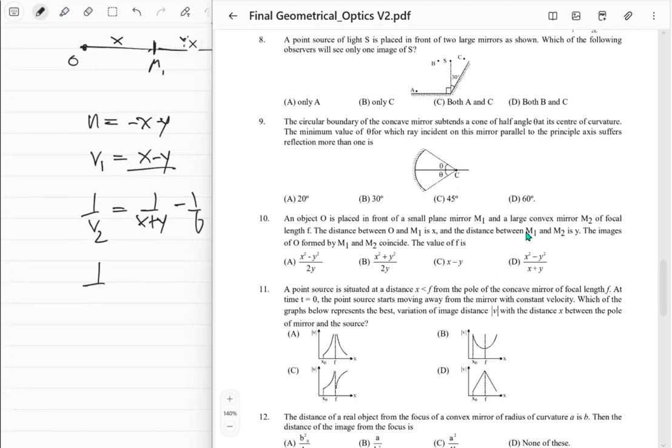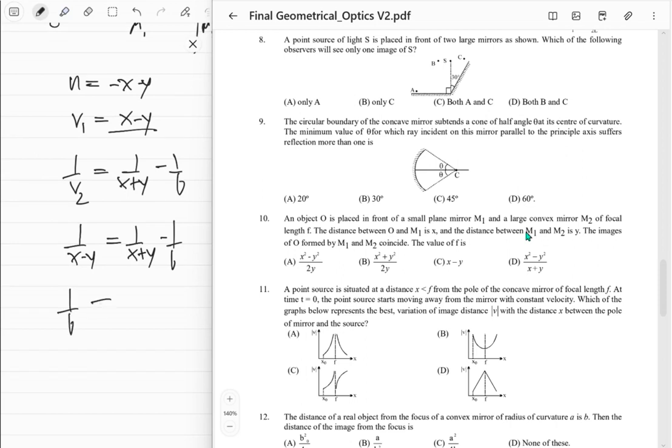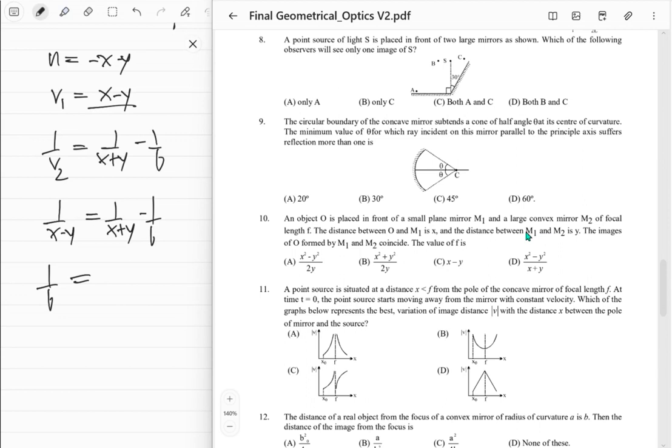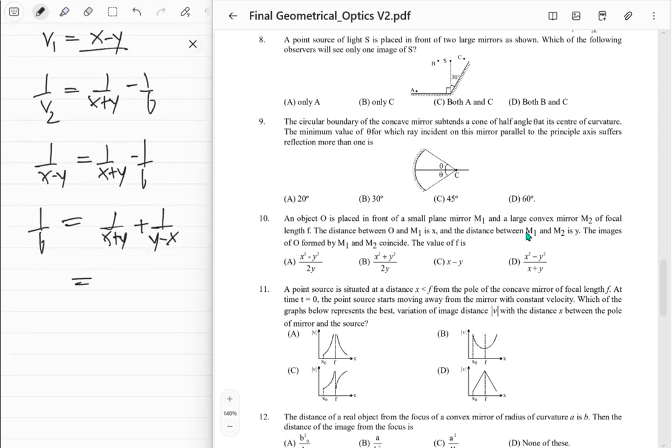So 1 upon X minus Y is equal to 1 upon X plus Y minus 1 upon F. So 1 upon F is equal to, that's what you want to find, the value of F. So this minus that. So 1 upon X plus Y minus of that is like Y minus X. It's going to be equal to 2Y upon Y minus X squared, which is 1 upon F. F is just 2Y upon Y minus X squared.